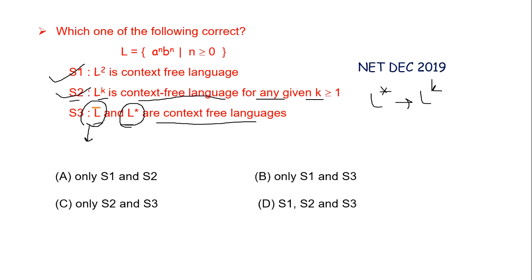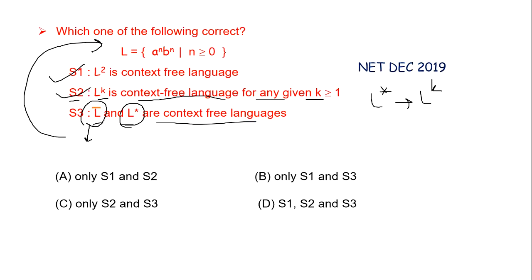But here we have a particular case, that is a raised to the power n, b raised to the power n. Now what will be the complement of a raised to the power n, b raised to the power n? The complement will be the language accepting all strings other than a raised to the power n, b raised to the power n.